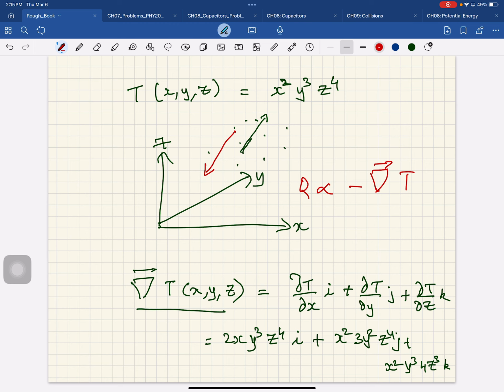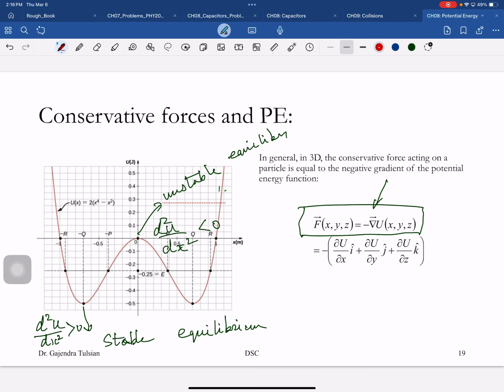If this was pressure, gradient of pressure, wind blows in the opposite direction of the gradient of pressure. If it was a potential energy, the force is in the opposite direction of the gradient of the potential energy. If it was a concentration of some material, diffusion will be in the opposite direction of the gradient of concentration. So gradient is a very important thing.